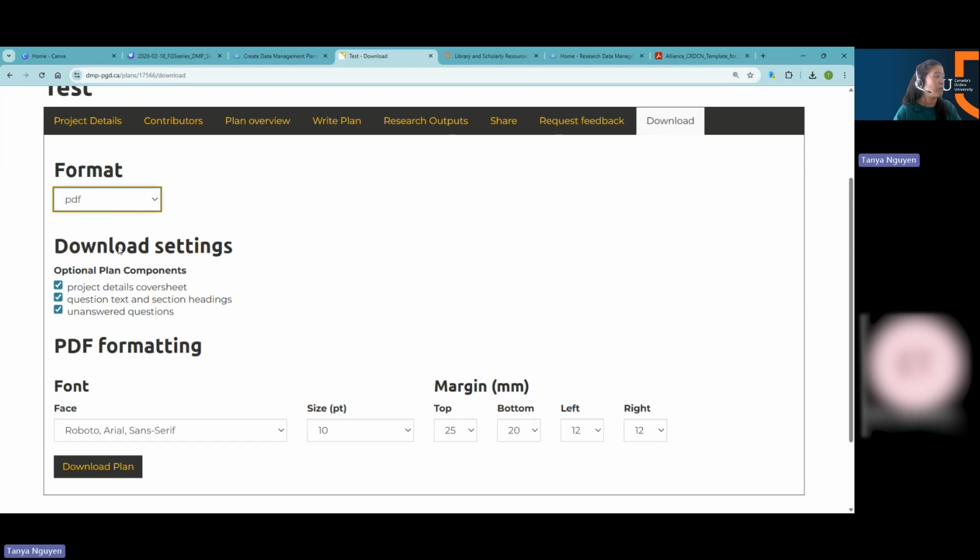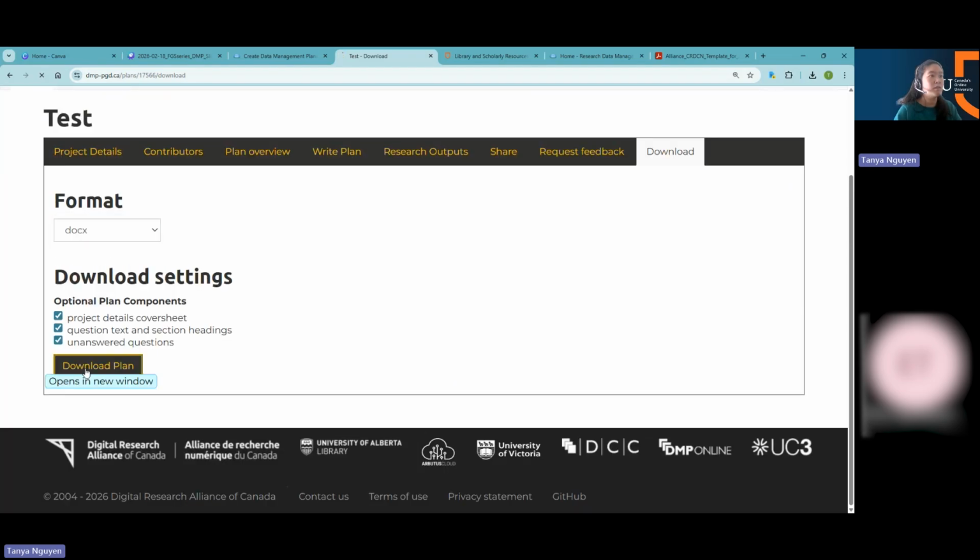For example, you might want to download it as a Word document. It has all the question plans on here, but you can feel free to edit and delete some of these guidance questions because they do take a lot of white space, and that would make your plan not as long if you do that.